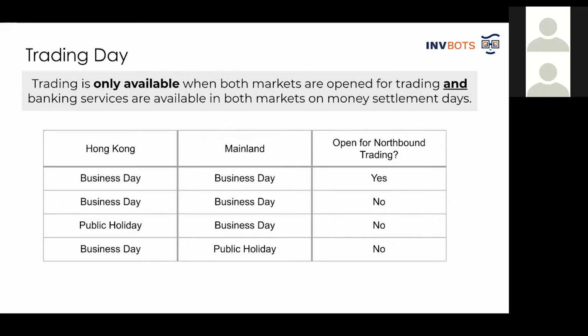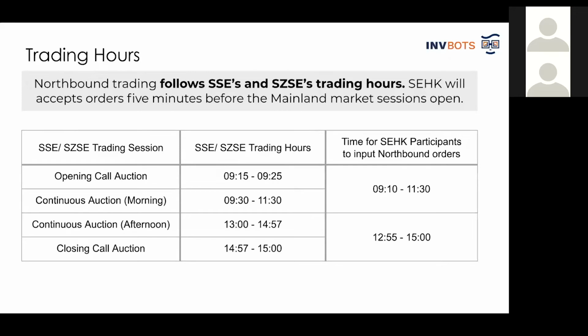The next slide is about the trading days. They are mainly similar: when the Hong Kong market opens and the mainland market is open, they are usually also open for Stock Connect trading. But sometimes, when there is a public holiday in Hong Kong or in the mainland, the northbound trading will be closed. Northbound trading follows the SSE and SZSE trading hours.